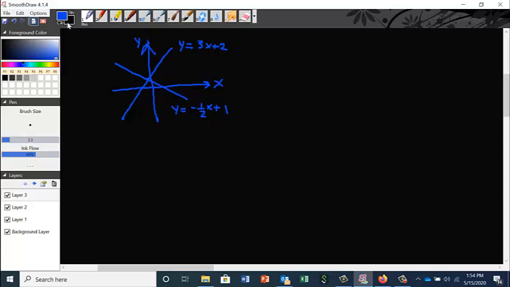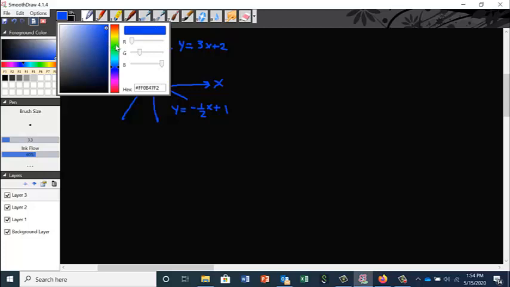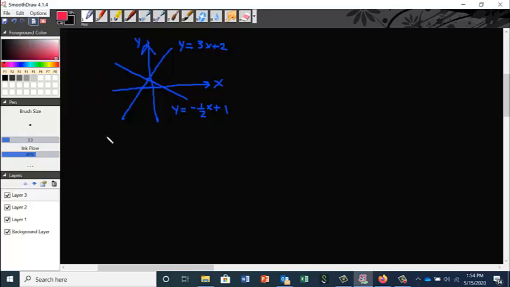Let's see if we can use red. So here, it works. This will be one solution.